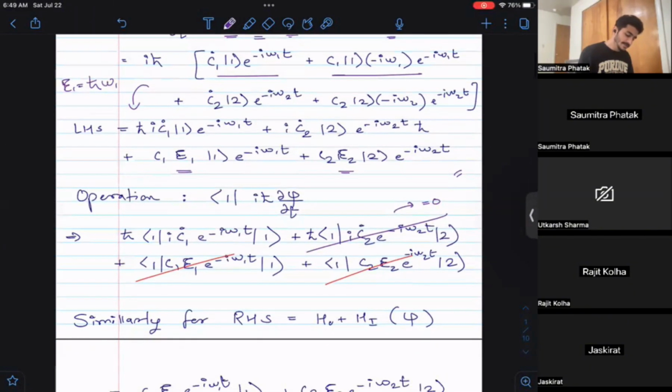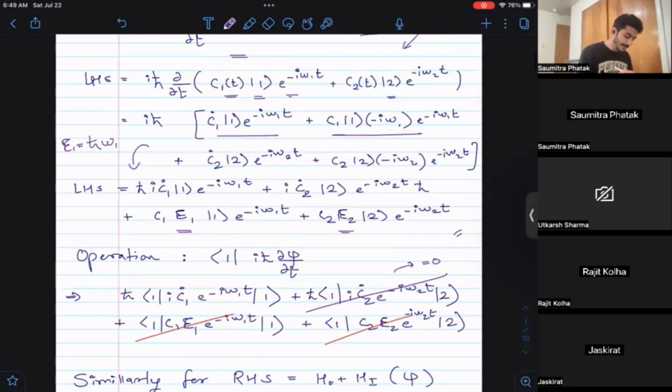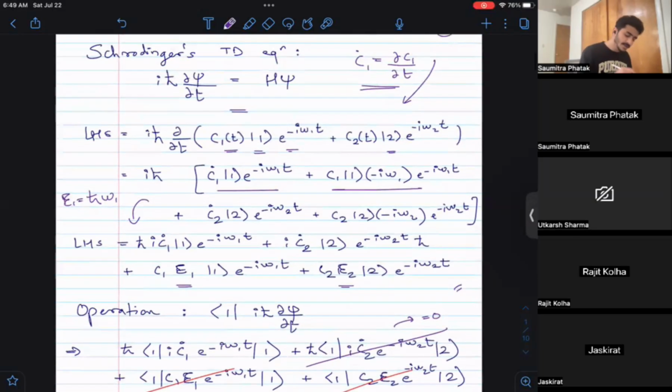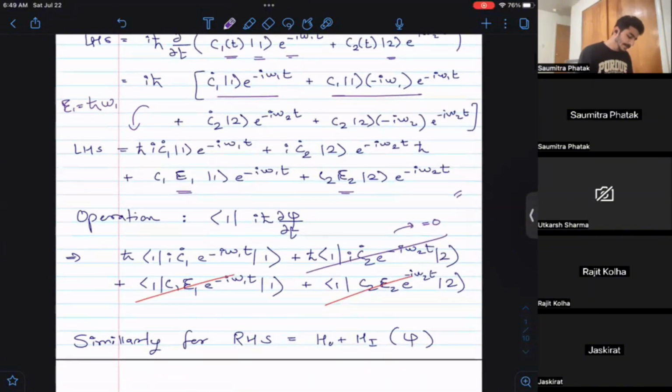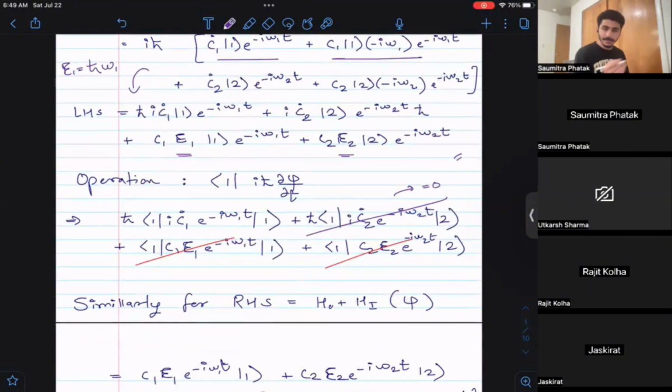Now we have this expression, which came directly from taking a time derivative of the left hand side of the time dependent Schrodinger equation. If we pre-multiply by the first energy eigenket of the system, then we get the following.